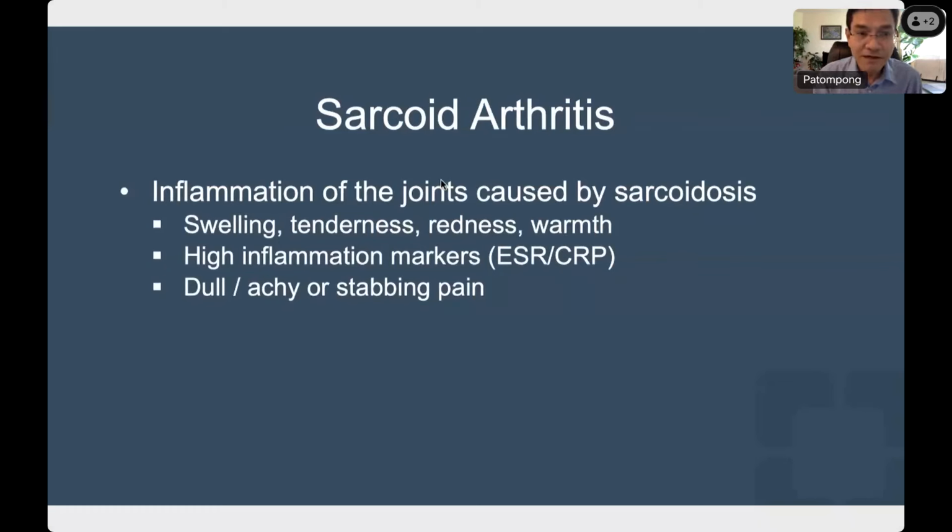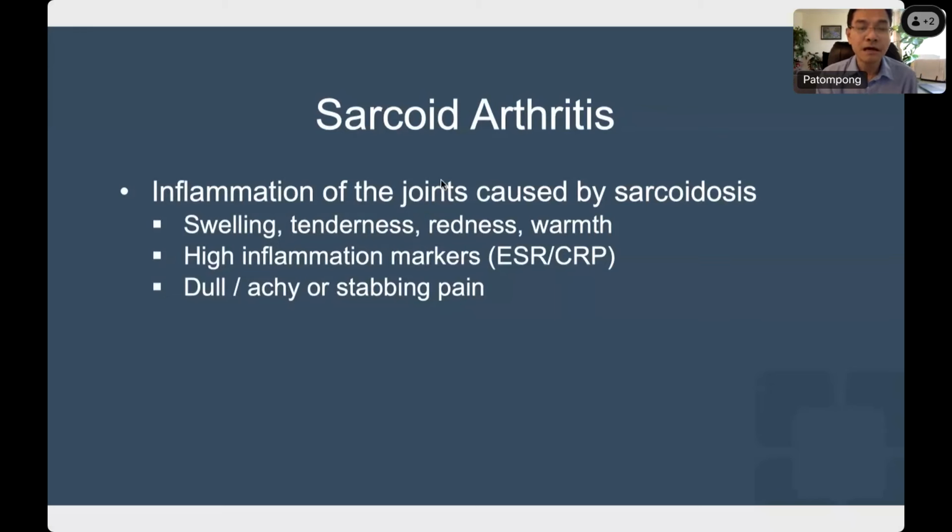Let's start with sarcoid arthritis. Sarcoid arthritis is basically inflammation of the joint that is caused by sarcoidosis itself. It is inflammatory in nature, so in this situation, we would expect to see pain, swelling, tenderness, redness, and warmth of the joints. We also expect to see high inflammation numbers like high sed rate and high CRP.